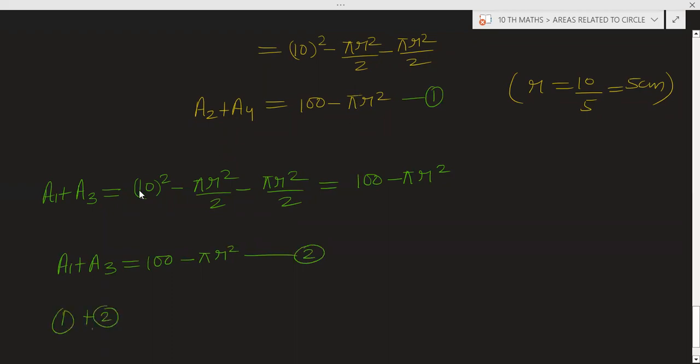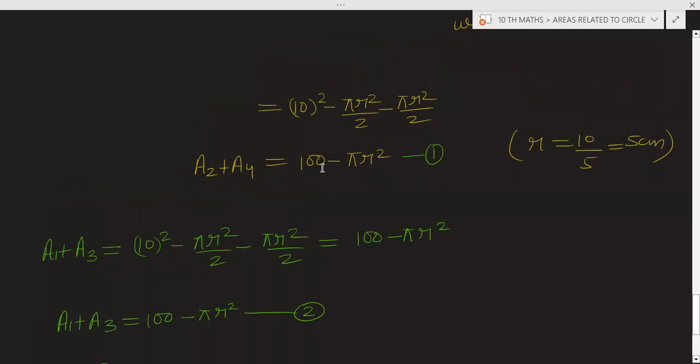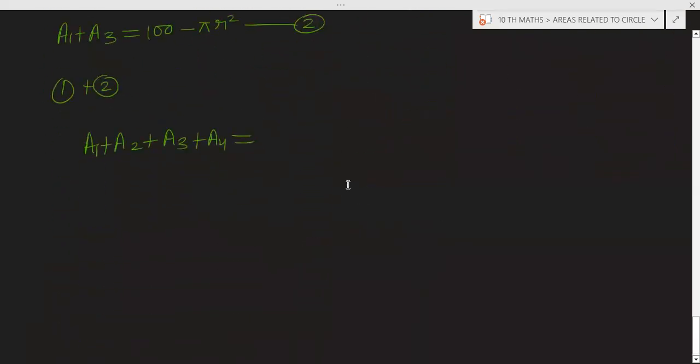What will we get? A1 plus A2 plus A3 plus A4, and we will add this and this, so it will become 200 minus 2 pi r square.